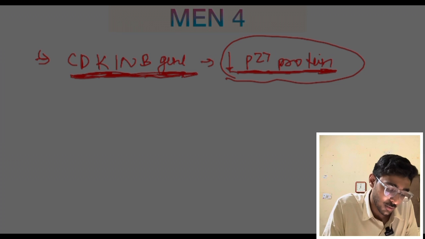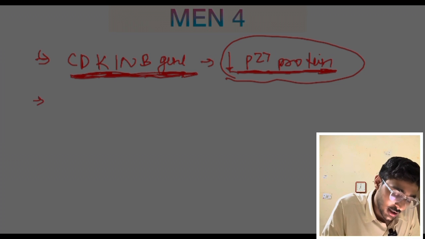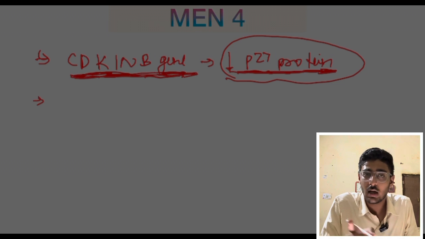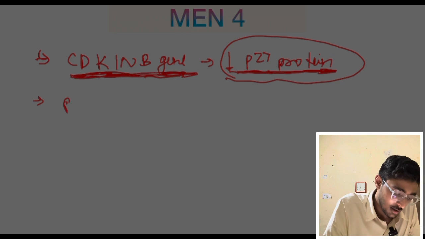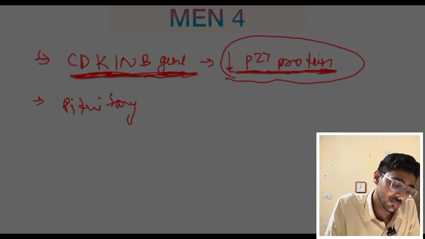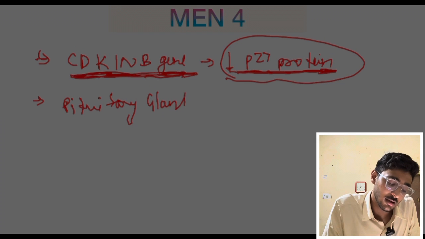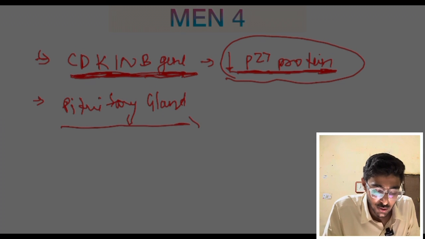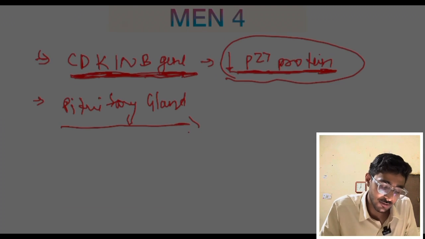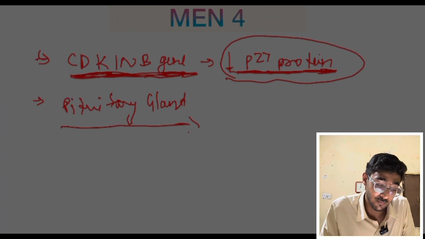a human body. Now, some of the glands which are involved in MEN 4 are the same as in MEN 1, yes, pituitary gland. Okay, guys, as we have learnt, the pituitary gland is involved in two of the MEN syndromes, MEN 1 and MEN 4.